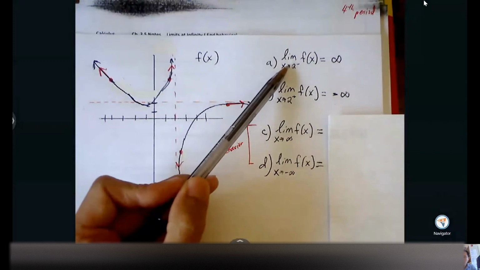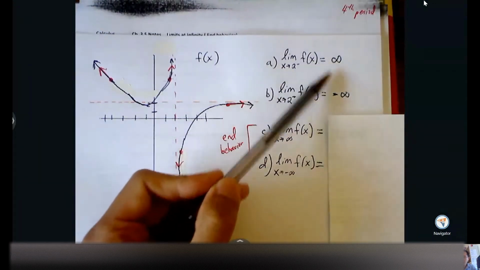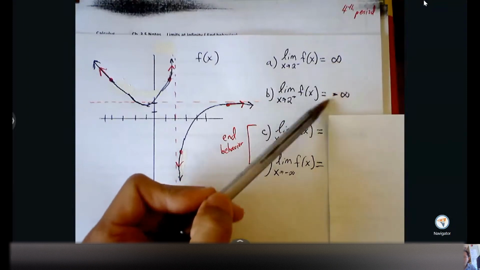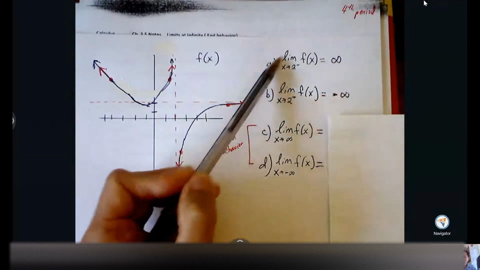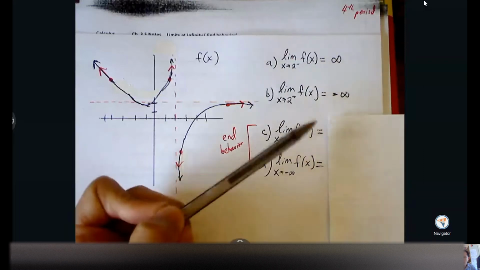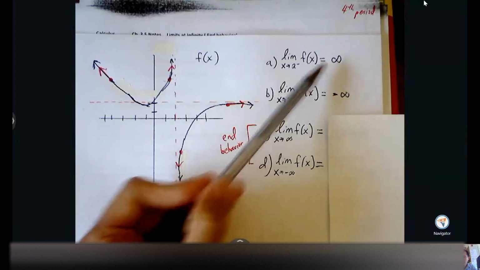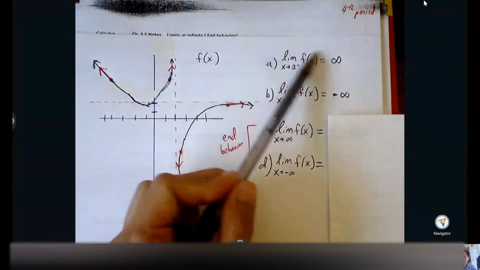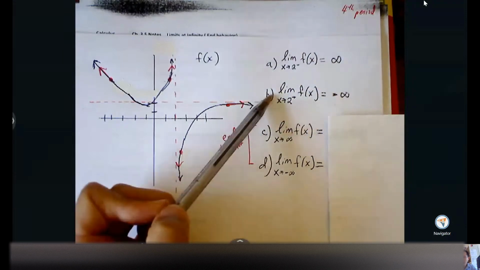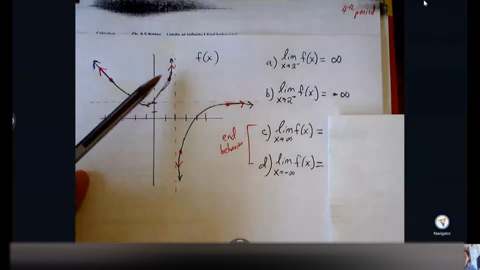So if we approach a real number from the left or from the right, and the result that we get is either positive or negative infinity, we know that we're dealing with a vertical asymptote. Okay, approaching a real number, but the limit is undefined, positive or negative infinity. We need to be able to look at this in the future and just recognize that this is talking about the vertical asymptote, and you should be able to sketch some version of the graph that kind of resembles this, right?